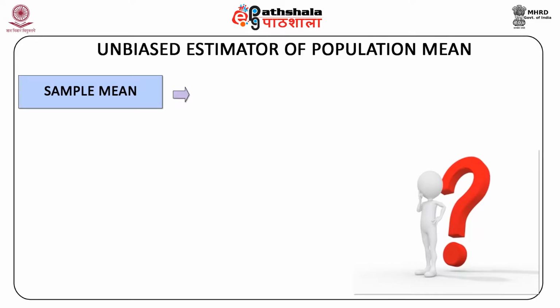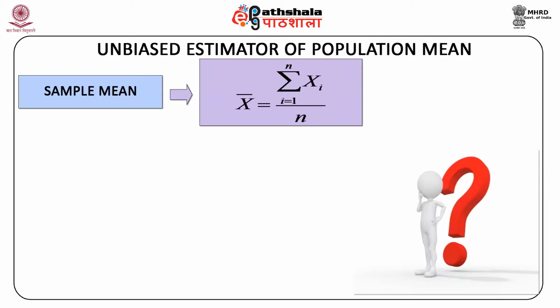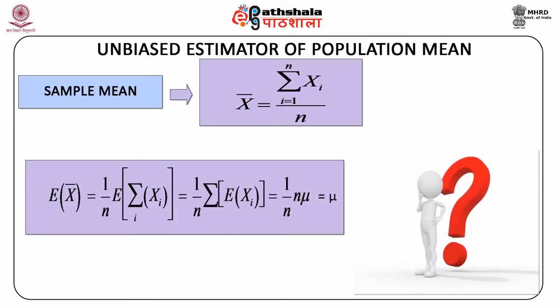Now sample mean x bar is equal to sigma xi, i ranging from 1 to n, divided by n. And expected value of x bar is equal to 1 by n into expected value of sigma xi, where i ranges from 1 to n.